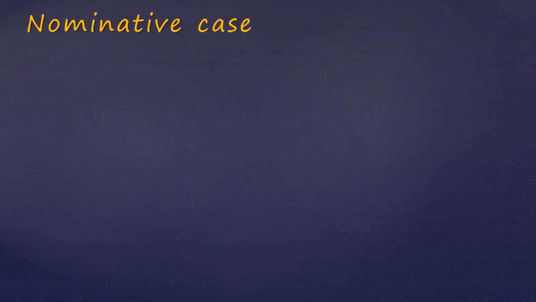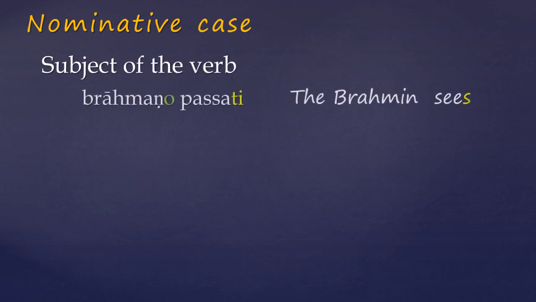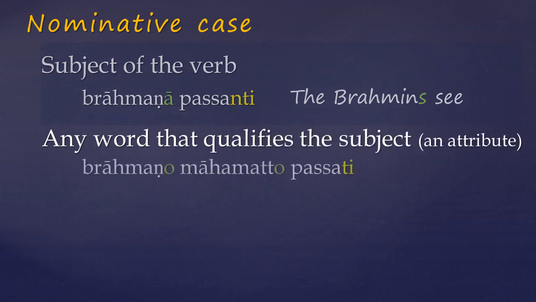As already highlighted, the main use of the nominative case is to indicate the subject of the verb, and the verb too will always change its inflection to agree with that subject in both person and number, and also any word which qualifies the subject, like an adjective or an appositional phrase, which means basically 2 words or phrases which describe the same object.